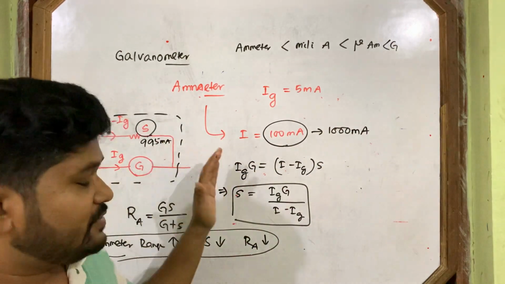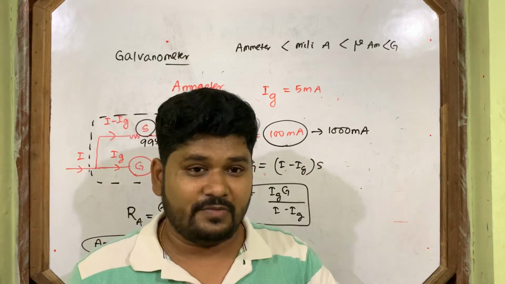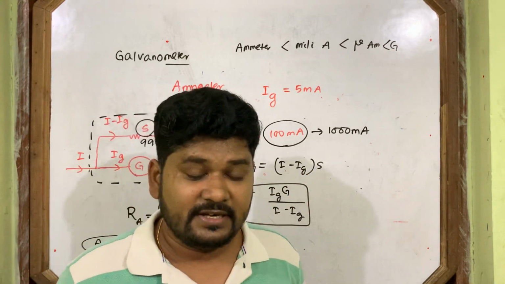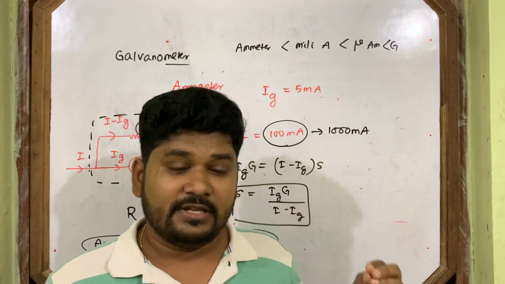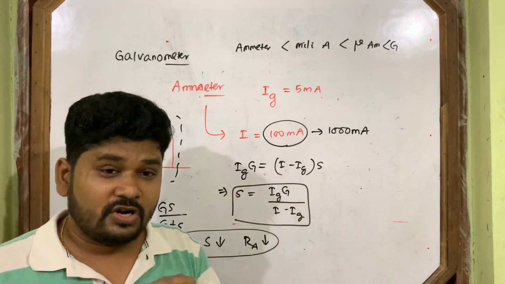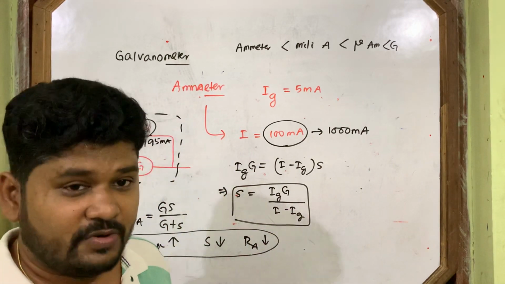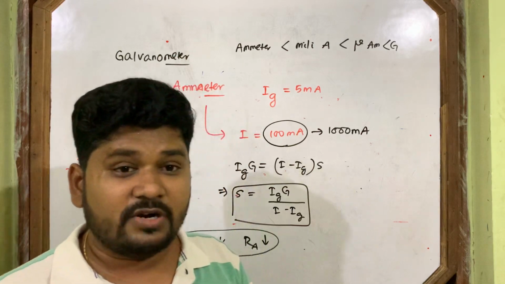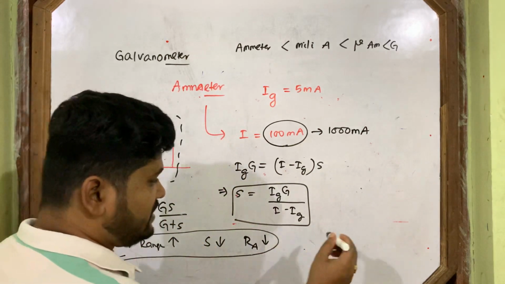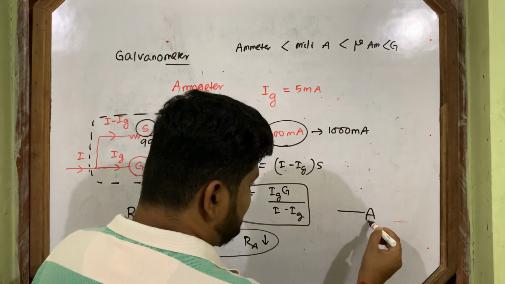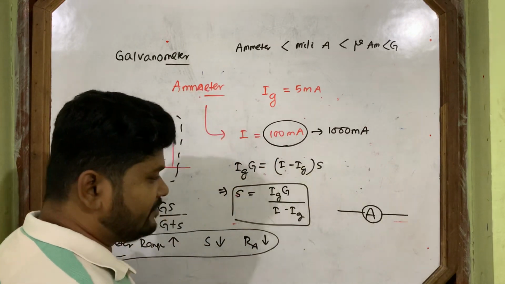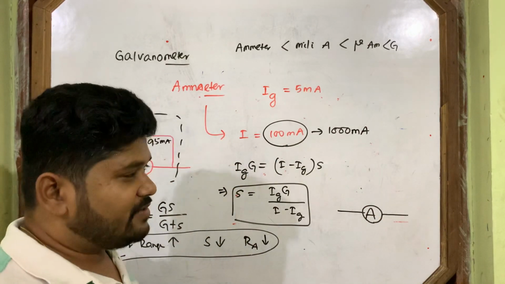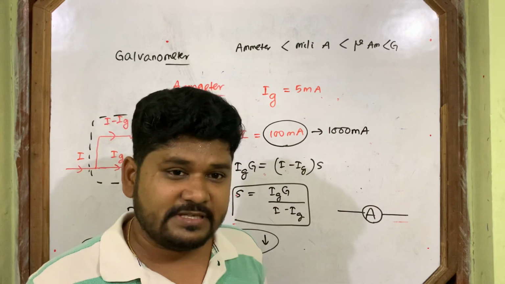If you want to make an ideal ammeter, ideal means it will not block any current. When you connect the ammeter in series, it will not block any current. That is an ideal ammeter. An ammeter is always connected in a circuit in series. It has some resistance, maybe very, very small, but still some resistance.